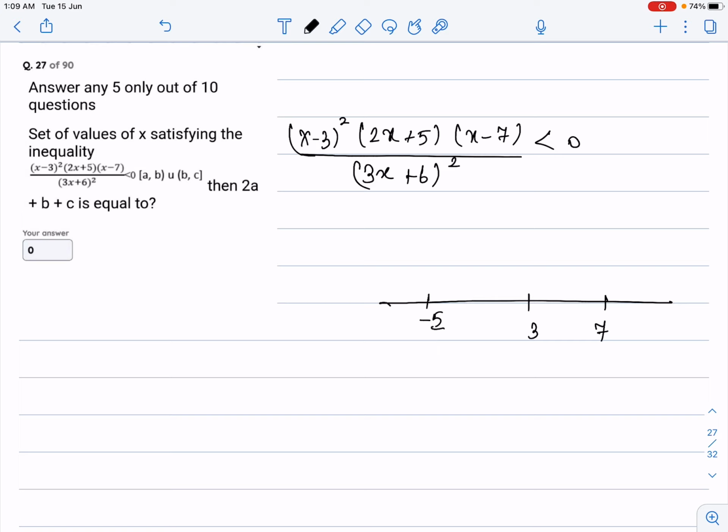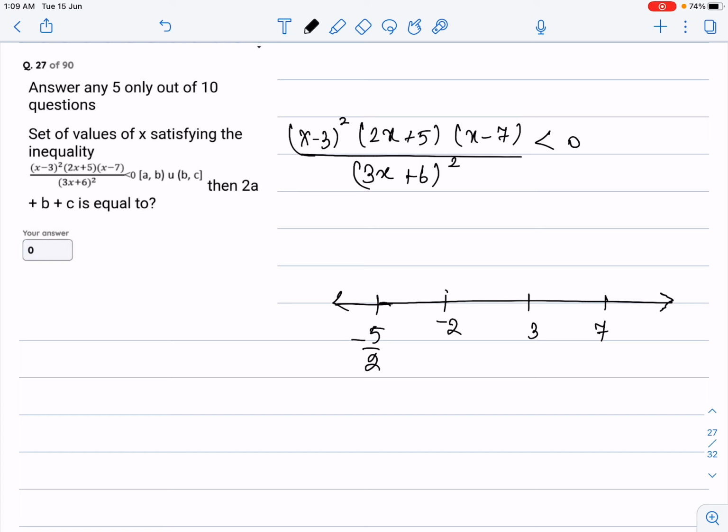Let me mark it properly over here. Minus 5 by 2, I have marked it over here. Okay, so we'll get minus 2 also over here. Hope you guys would have got my point. Now my dear students, I would have to look for which will be open and which will be closed.